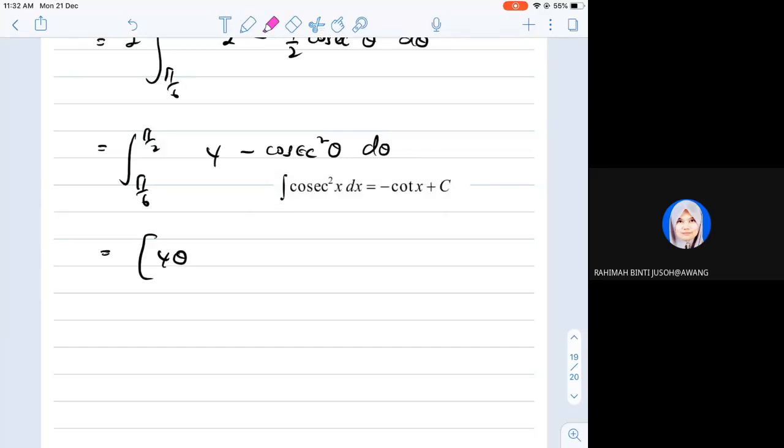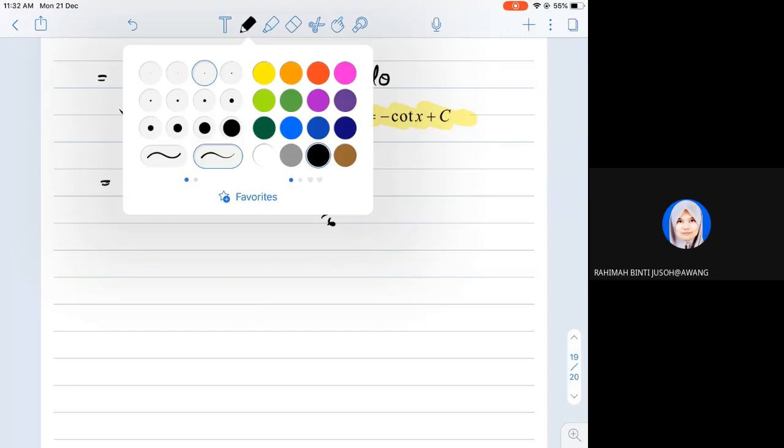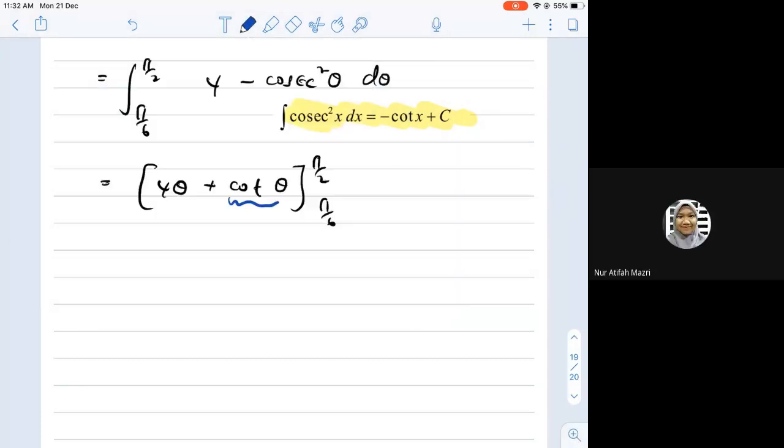So we integrate negative cosecant squared, and it becomes positive cotangent theta. Substitute pi over 2 and pi over 6. Cotangent is equivalent to what, guys? 1 over tangent theta.